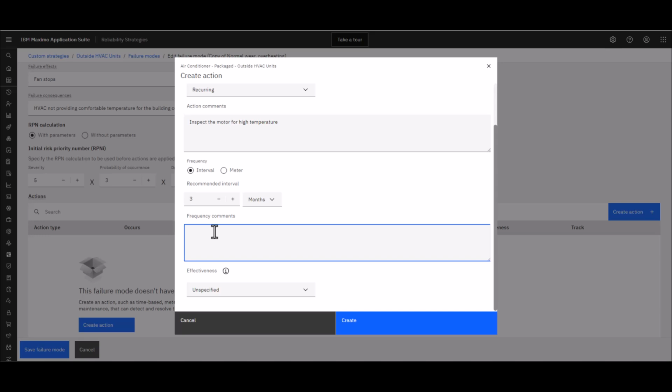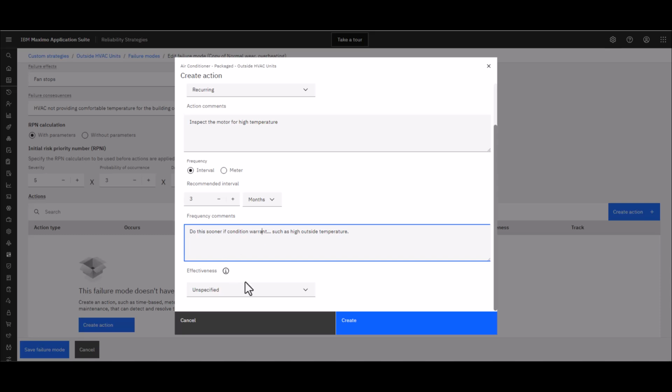And I'm going to say, do this sooner if conditions warrant, such as high outside temperature. Okay. And again, using spelling.